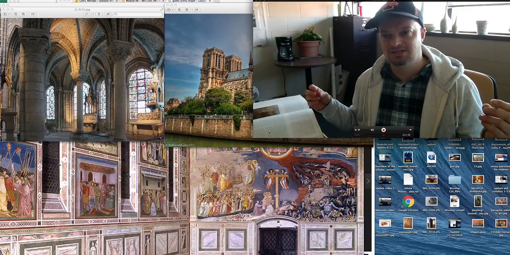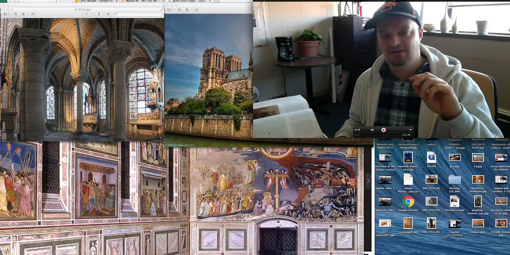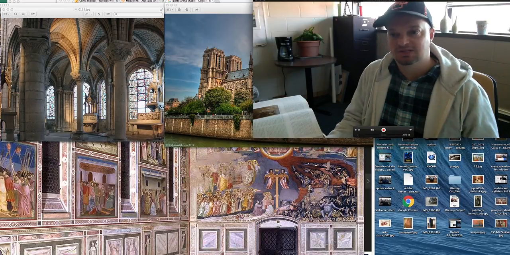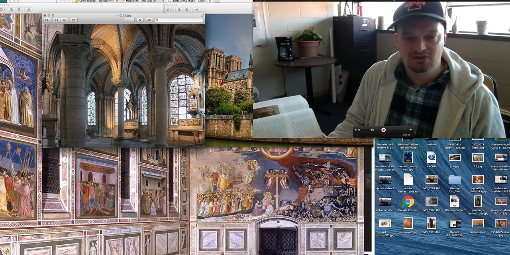He uses barrel vaults, which have these ribbed vaults, which we'll see in this image right here. This is the interior view of Saint Denis, and you see this ribbed portion right here on these vaults.